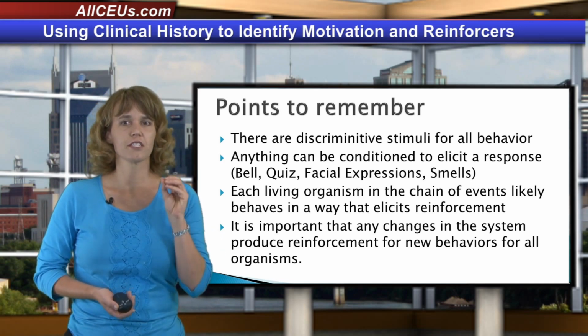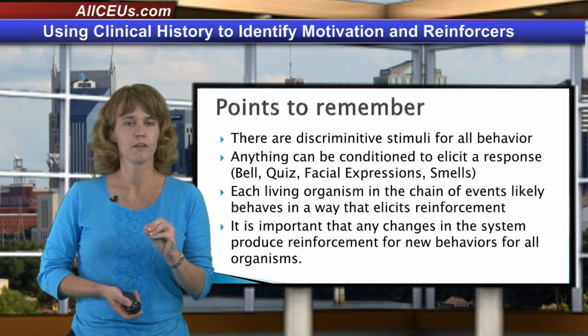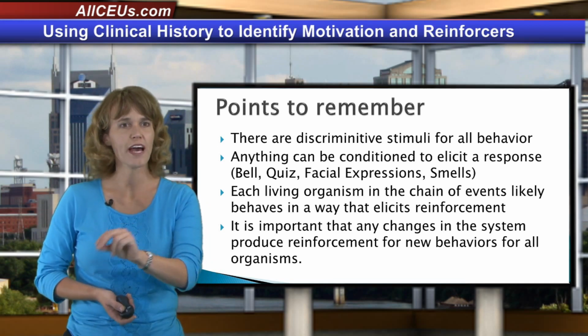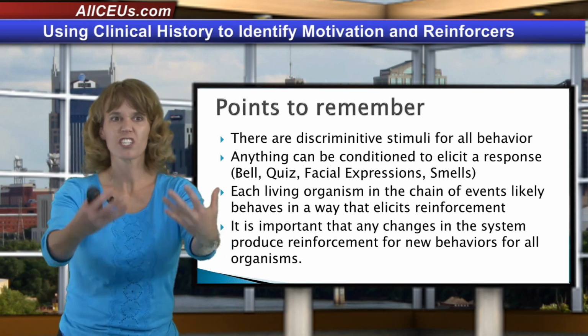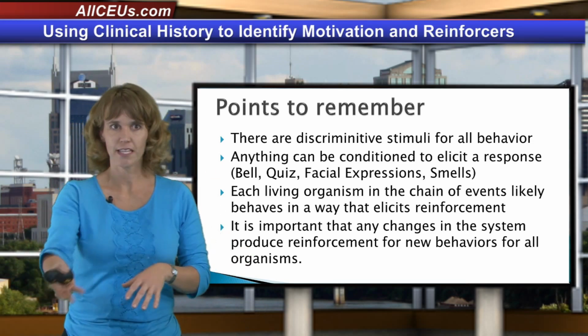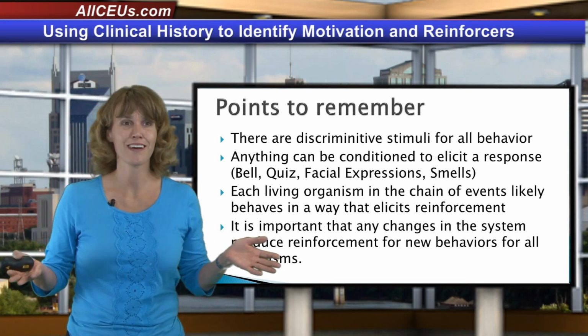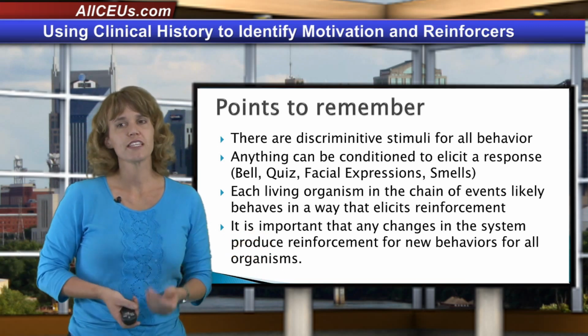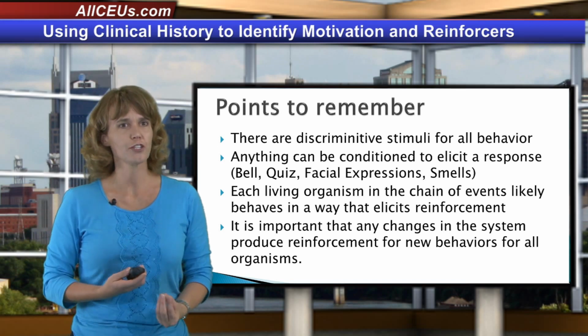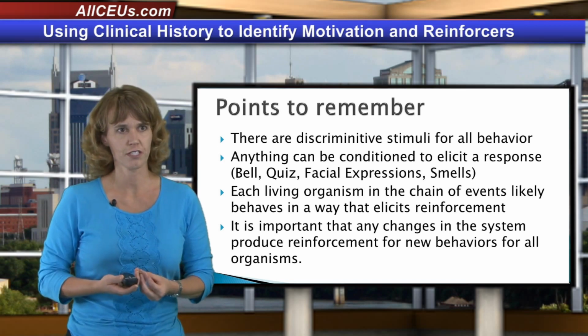It's important that any changes in the system produce reinforcement for new behaviors for all organisms. If you're throwing a bunch more stuff on top of Mom and Dad to try to make things better for Johnny, guess what? It's not going to happen, because it's not rewarding. So those are the things that we really want to start looking at when we're looking at reinforcers.